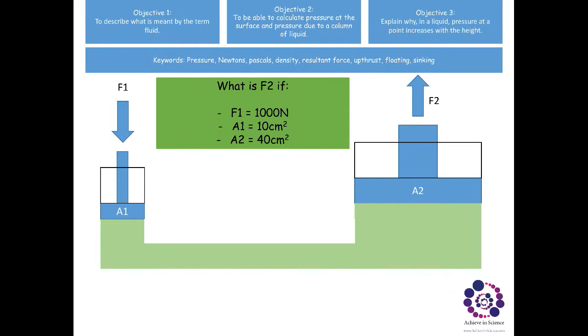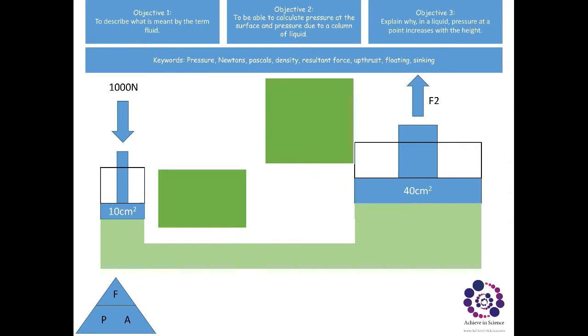So the force applied to F1 is 1000 newtons. The area of piston 1 is 10 centimeters squared, and the area of piston 2 is 40 centimeters squared.